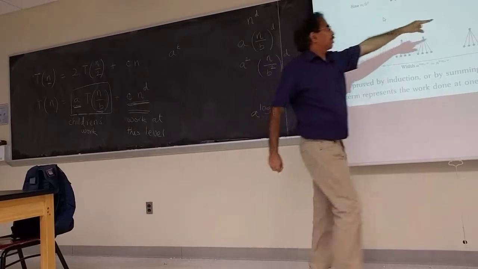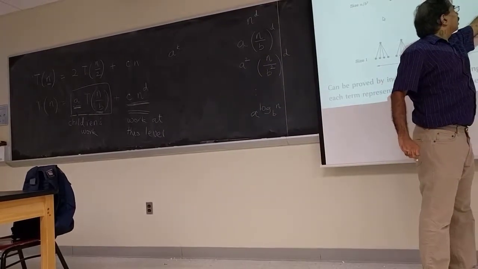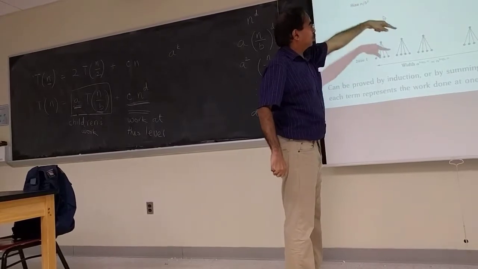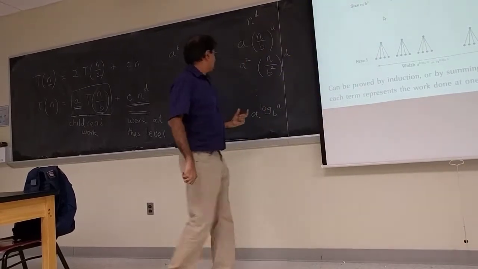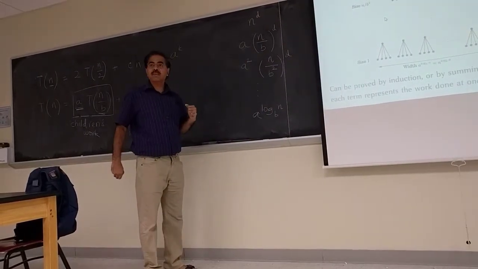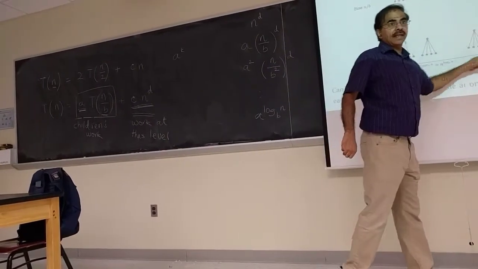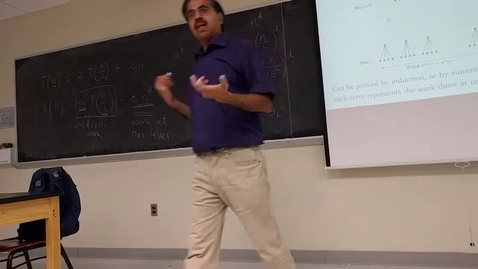Again, we're just substituting the fact that the depth is log b to n. Therefore, after branching through so many times, you will have a to the power log b to n instances. And then at the leaf level, the cost is 1.